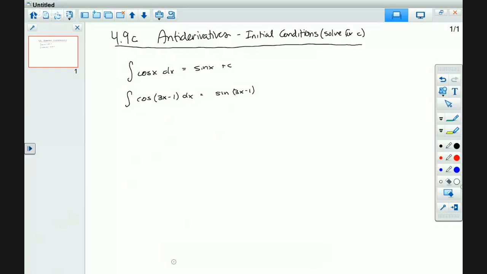All right. You have to compensate for that by dividing by the derivative of what's inside there. The reason is the chain rule. If you're going to take the derivative of this, you would have cosine, copy inside, but then you take the derivative of the inside and multiply it, which is 3. So to counteract that, because it's not here, we have to divide by 3.